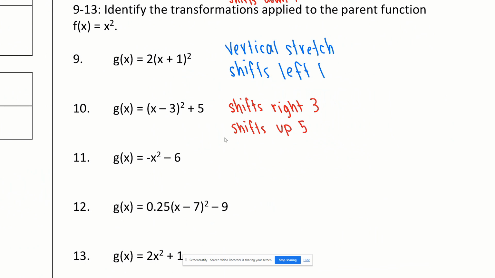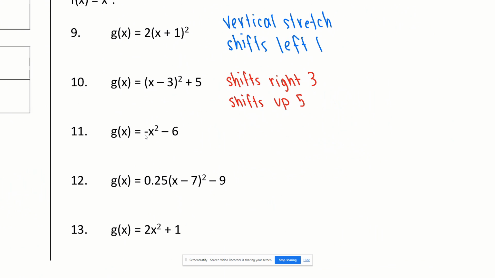Okay? Moving along, that negative out front indicates a reflection. There aren't parentheses, so this is understood to be outside. It's a vertical reflection. A vertical reflection, remember, reflects over this axis. So I would describe this in one of 2 ways.